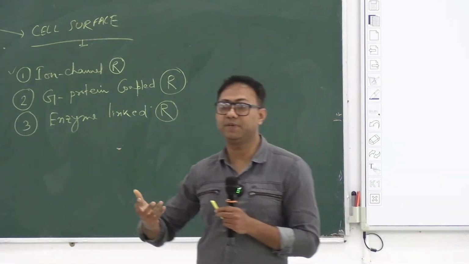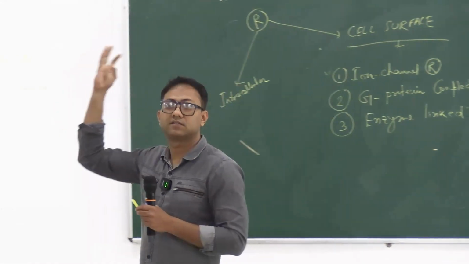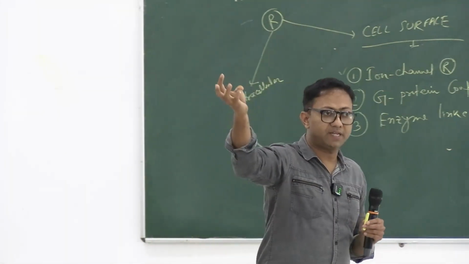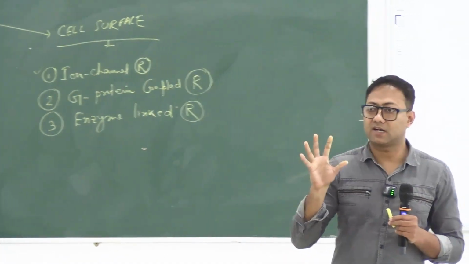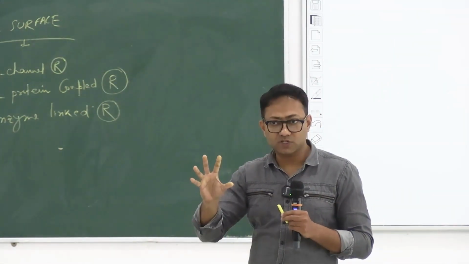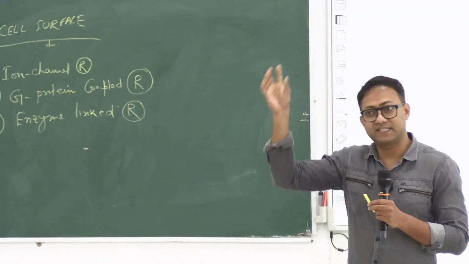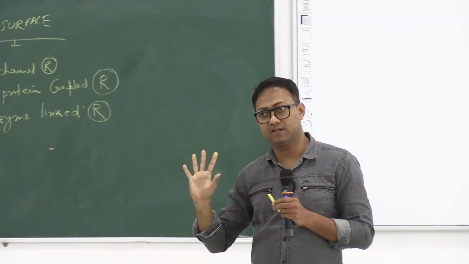Okay, GABA. Okay. So glycine, GABA, glutamate, histamine, serotonin. ठीक है. These are all the hormones that binds to cell surface receptor. The same receptor is also an ion channel. Getting my point? Okay.